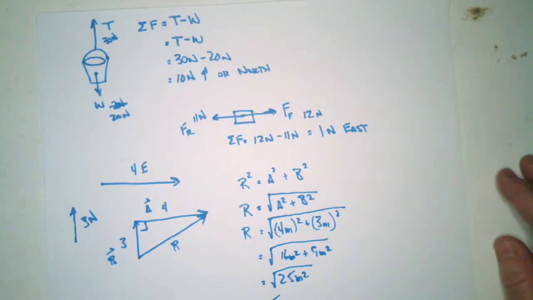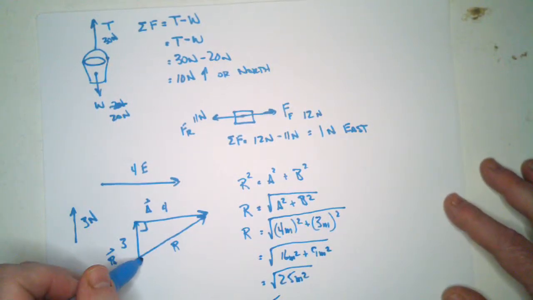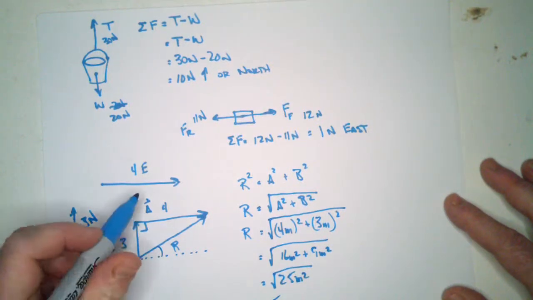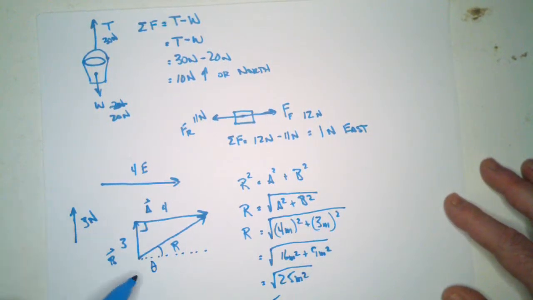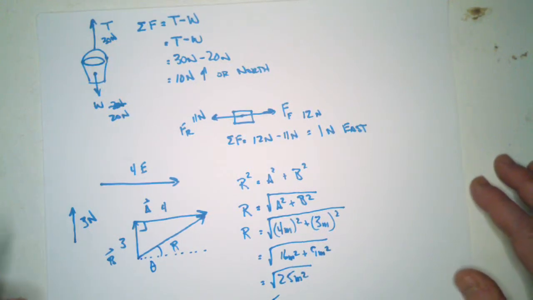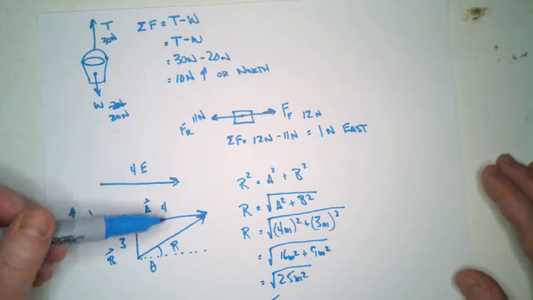But we're not quite done yet. What we need to do is we need to figure out the direction of R. So we want to figure out what angle it makes with the horizontal. We call this angle theta. So that's a circle with a line across it. Well, the angle theta is calculated using the tangent function.